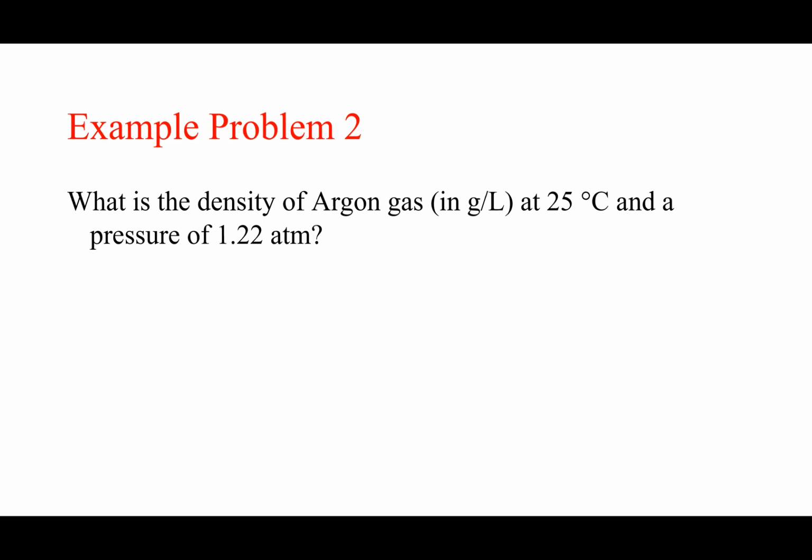If I come up with a number of moles per volume, that will be moles per liter. And then I can use the molar mass to get to grams per liter. That's exactly what we're going to do.